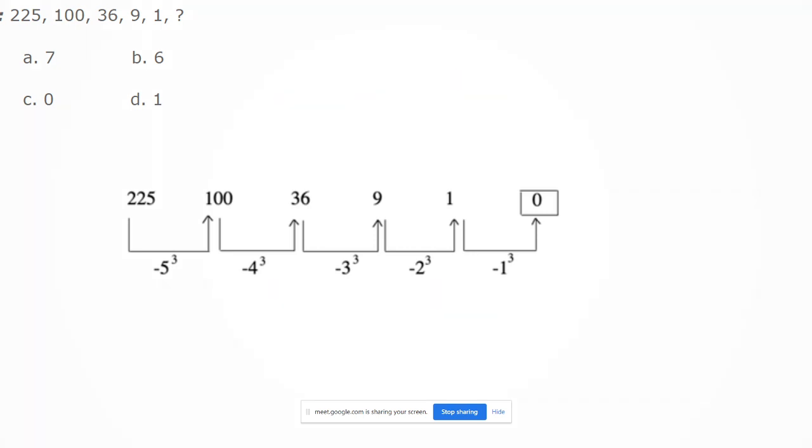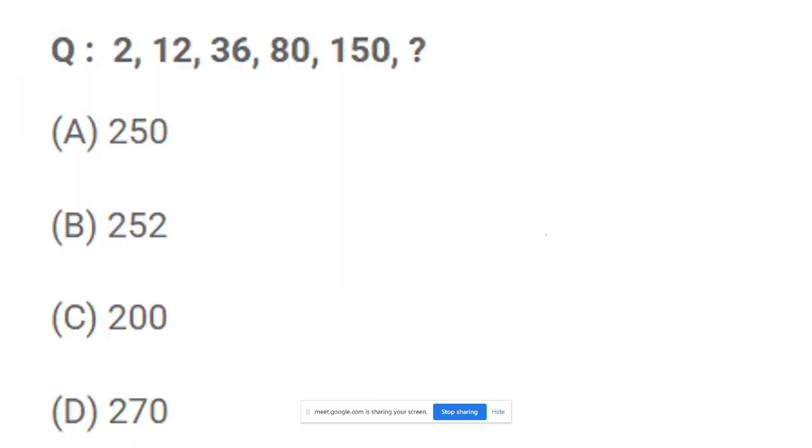Now we come again to one difficult type of problem. Try to see this: 2, 12, 36, 80, 150.